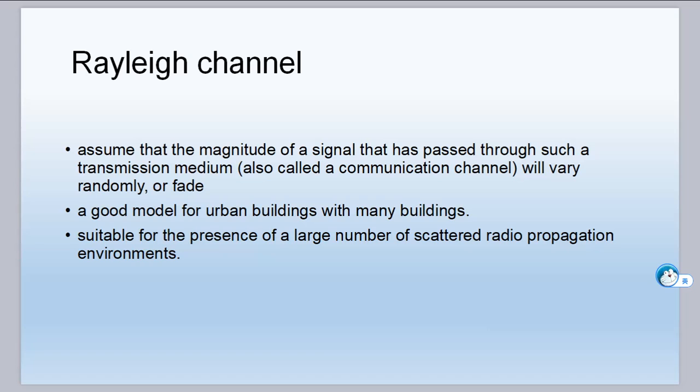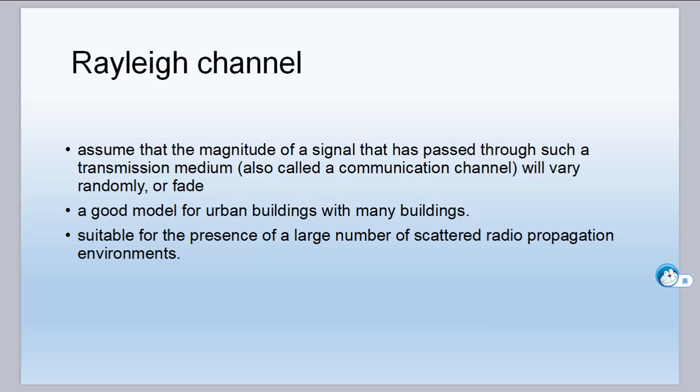And the signal can be considered as a Rayleigh distribution, because the definition of the Rayleigh distribution is that there's no direct signal from the transmitting part to the receiving part. If there exists a direct signal, this will be regarded as Rician fading.